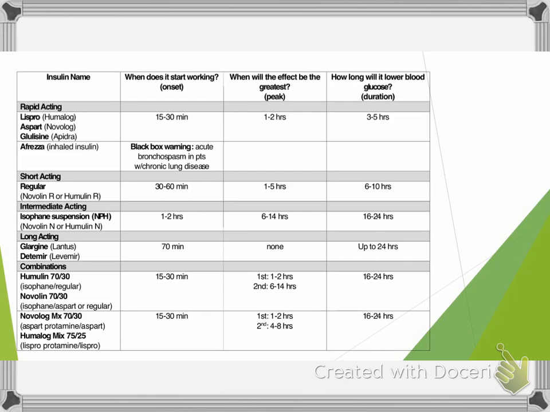And then the second peak is when the intermediate insulin would be peaking. And then the duration of action is how long the intermediate insulin's duration of action would be. So that's how that works. So make sure you look over that. Make sure you know that. You're definitely going to be asked about that.